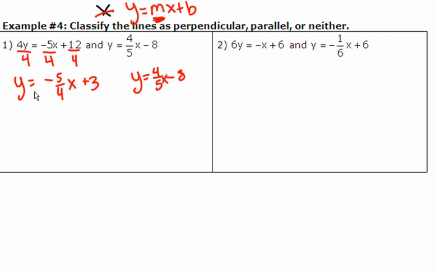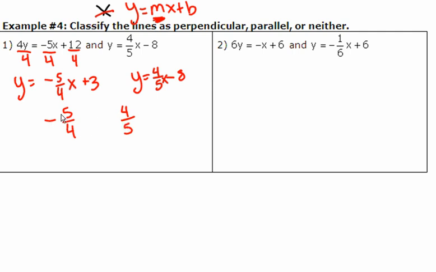So, what I'm going to do to see if the line is perpendicular, parallel, or neither is I look at the slopes. I have -5/4 and I have +4/5. If they were parallel, they would be the same slope. So these are not parallel. If they were perpendicular, they would be opposite reciprocals.